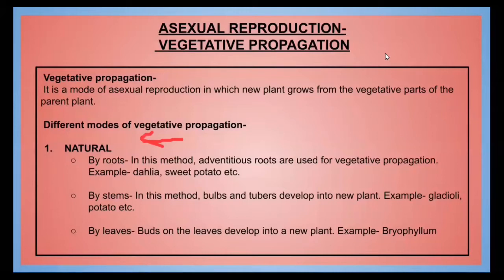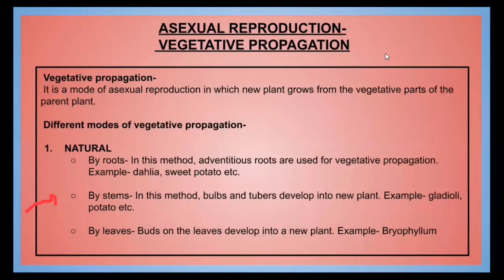So the first is by roots. In this method, the roots develop in the plant, and then you can grow that root, and from that the plants also grow, right? Then comes by stem. In this method, there are tubers which develop, and from these tubers, the new plants develop.